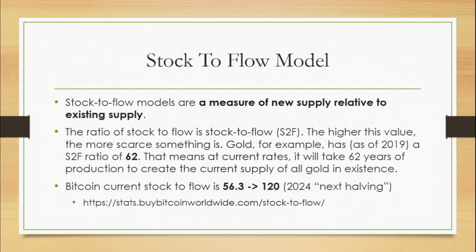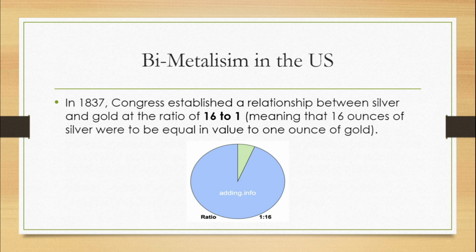So essentially a doubling. The current Bitcoin stock to flow model, which can be found at stats.bybitcoinworldwide.com, is the famous stock to flow model. It's currently at 56.3. Those people in the space understand that there will be another halving in 2024, and that new stock to flow should be approximately 120. So that's something to keep in mind going forward.